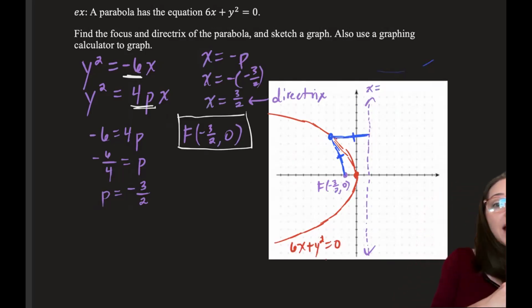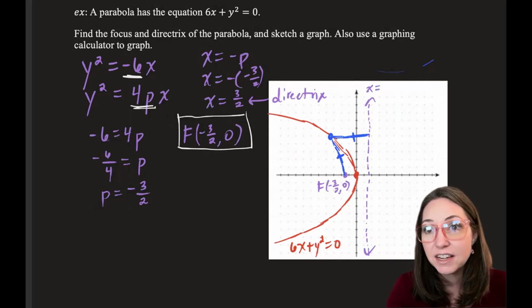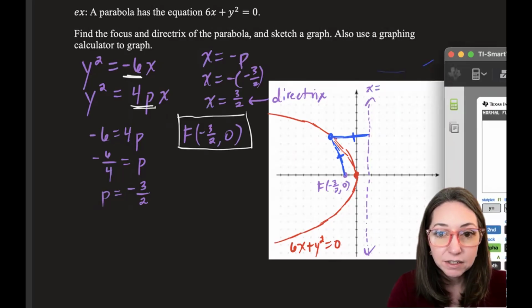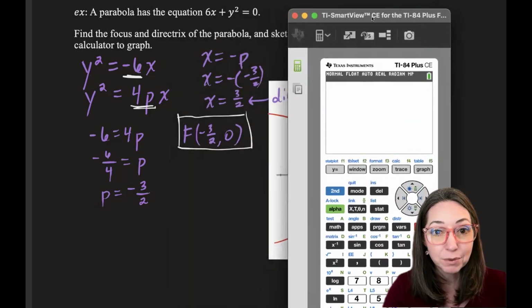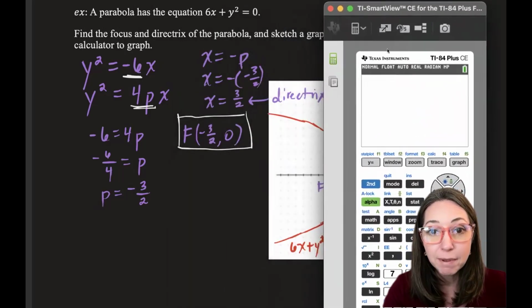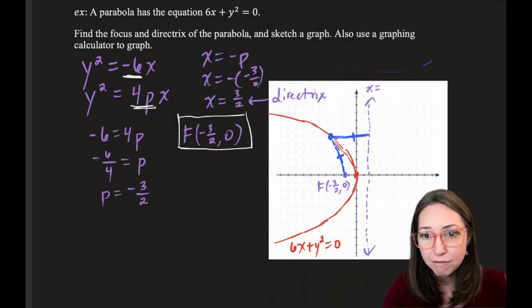Now, I'd like to also show you how to do this on a graphing calculator. Specifically, we're going to look at the TI-84 since it is so commonly used. It's significantly easier in Desmos, where you can just type it in as it's given, 6x plus y squared equals 0. But in order to type it in on the TI-84, we are going to need to solve for y first, because as you probably know, it's got a y equals button.